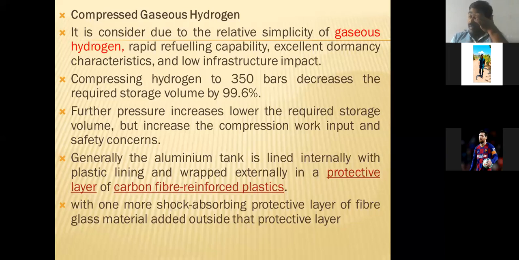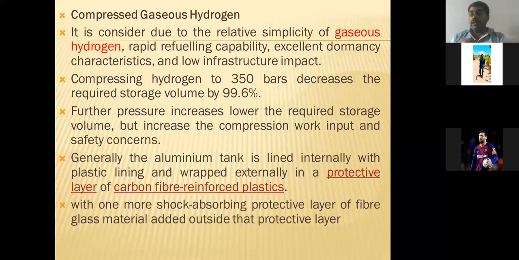What I need to do is compress it first. So the first thing is compression. When I compress it, everything can be stored in a compact size. A smaller tank is sufficient for filling my hydrogen if the pressure is high.